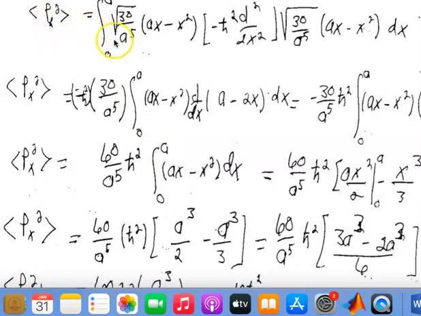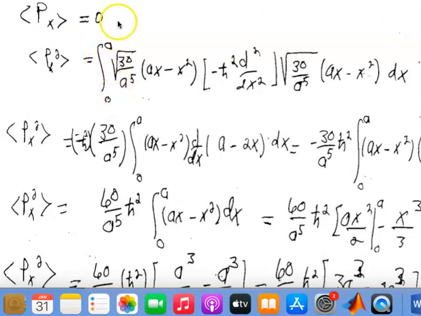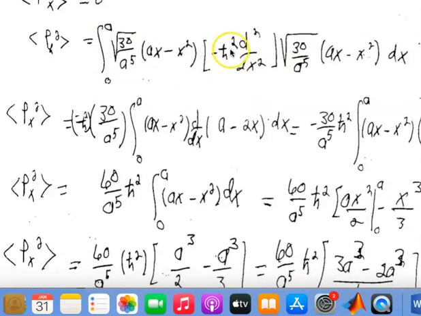All right. So you have to integrate the expression from 0 to a of psi star. And px squared is negative h bar squared d second dx second. So you have to put that in between psi star and psi.